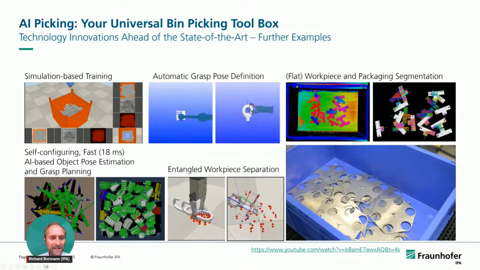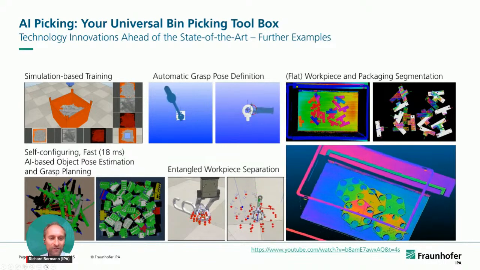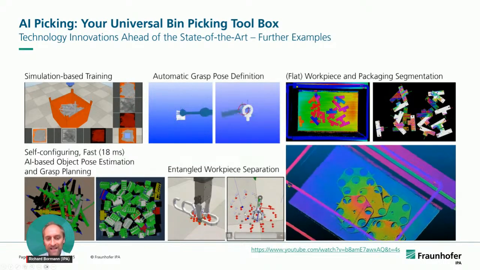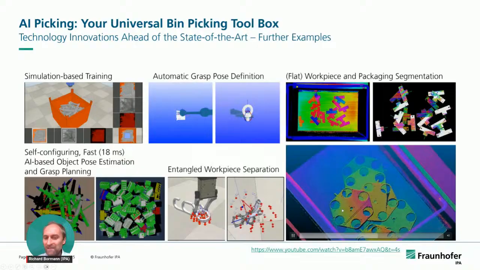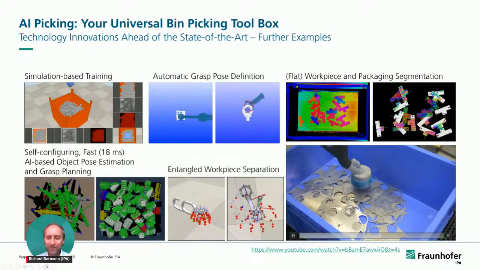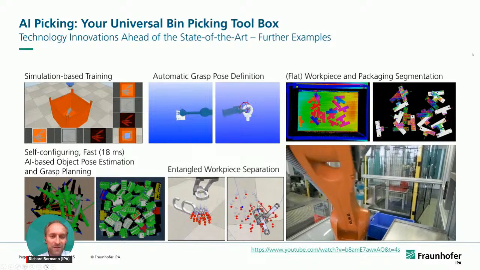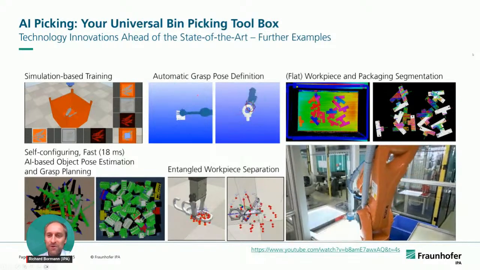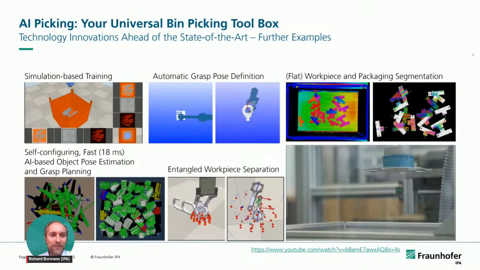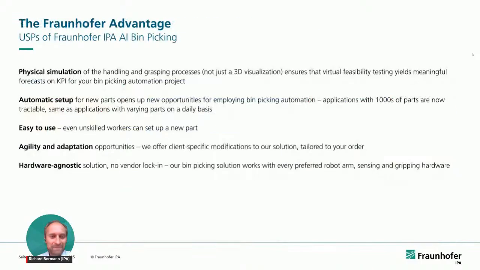We have AI-based, very fast detection of objects in the box. We have disentanglement functions. We can work with flat work pieces. So just to name a few things that we already can do with the system, and we will be capable of doing more every year. So this is a system really upfront at state of the art.